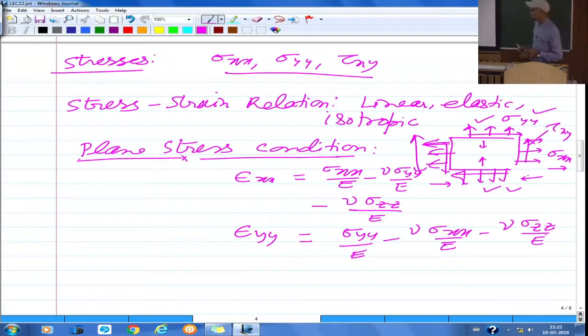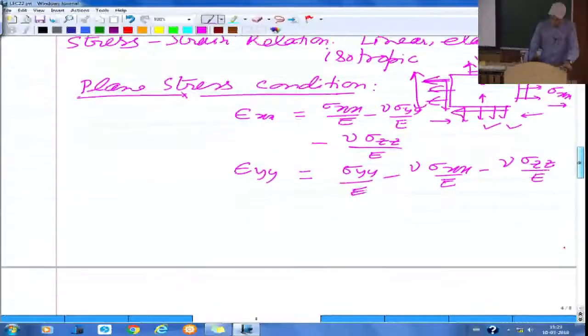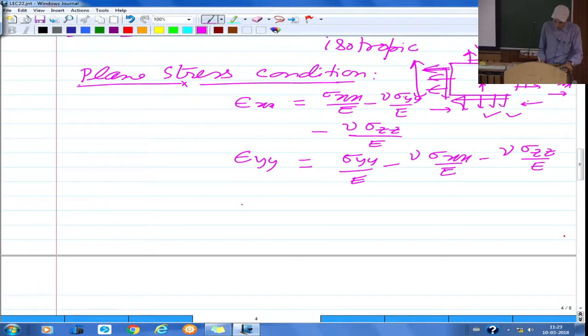So if I have a positive stress in this direction, this tries to elongate this side, but it will try to contract this and this because of the Poisson's effect. Also if I have a stress in this direction, it will try to elongate this but try to contract these two dimensions. So that is why this minus sign. That's how physically you can think of this. Of course it has a mathematical derivation behind it.